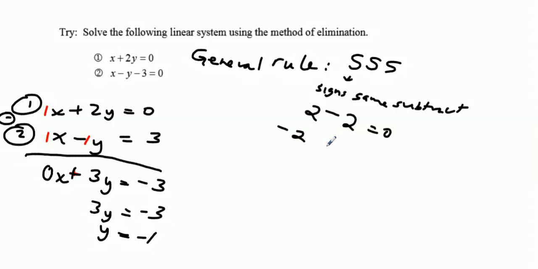But it also works for 2 and minus 2, because 2 minus minus 2 is the same as 2 plus 2... rather, minus 2 minus minus 2 is the same as minus 2 plus 2, which does equal 0. Okay? So we want to make sure that we remember S, S, S. If the signs are the same, you subtract. If the signs are different, you add. Okay, so I'll just get rid of that because I need the space.